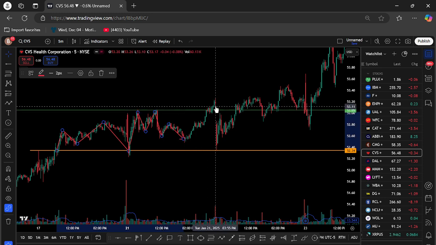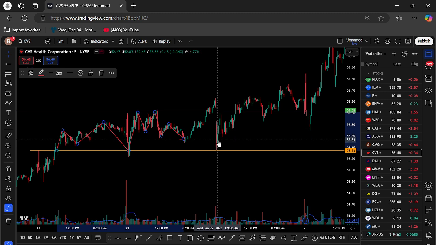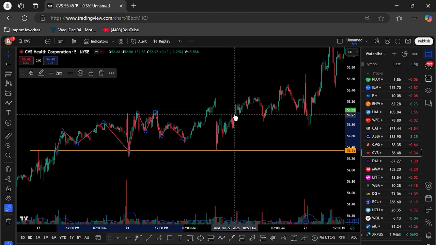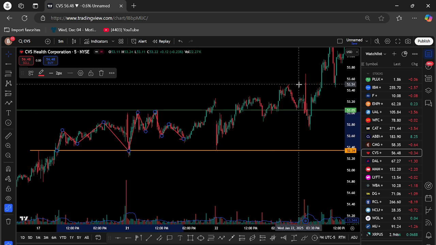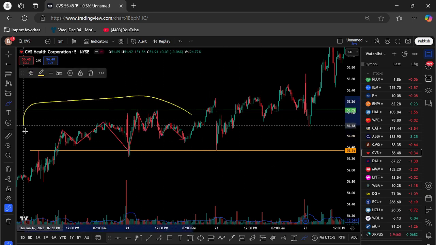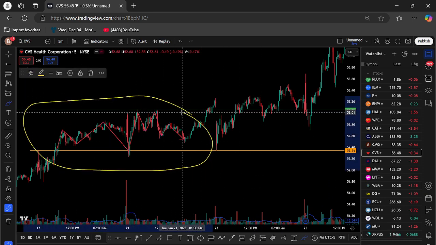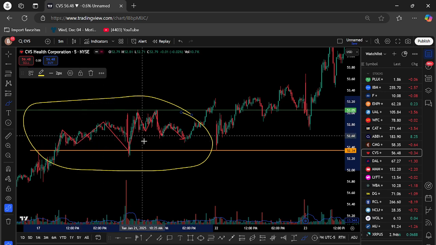But then this is a false breakout, and then it goes back down to our support line right here, and then it goes back up. It stays up a little bit, then it tries to get down, and then it goes back up. So right in this area, in this example, we're looking at range trading, right?